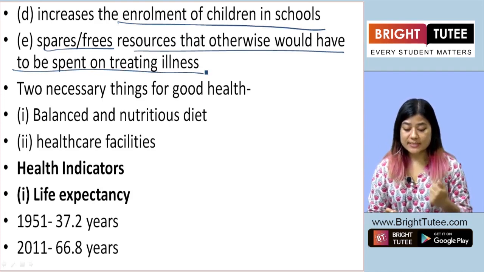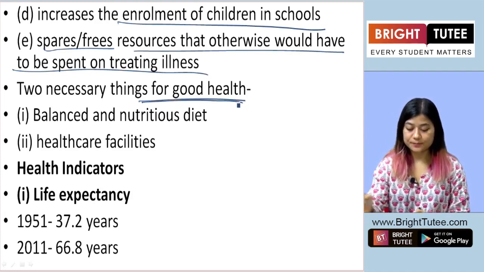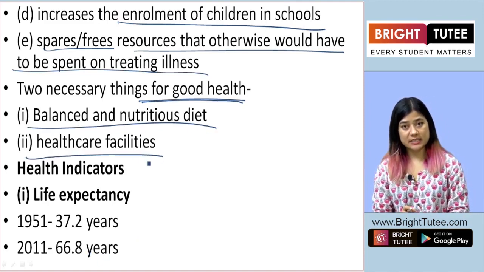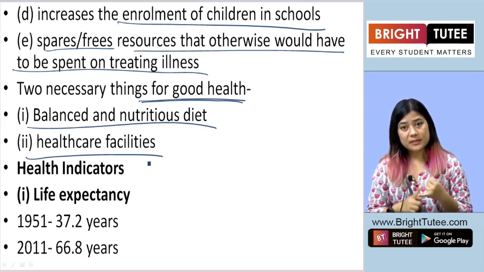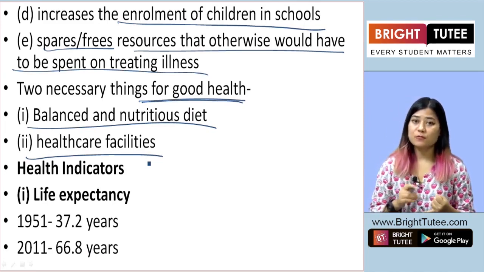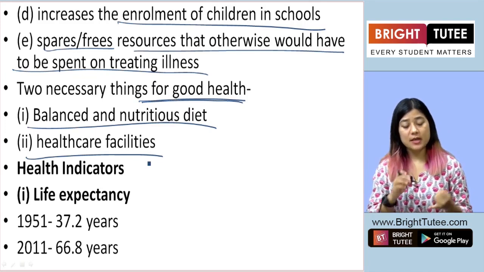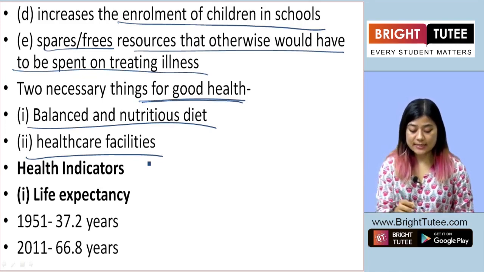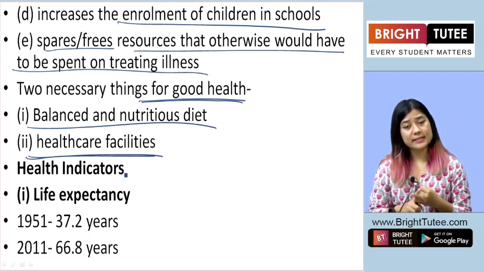Now, there are two necessary things for good health. One is a balanced and nutritious diet, and the other is healthcare facilities. The people need to have an adequate amount of food, not just adequate, they need to have nutritious food. And second, they need to have healthcare facilities.